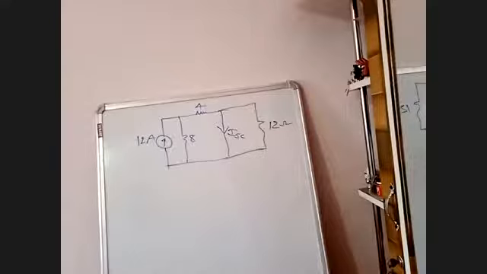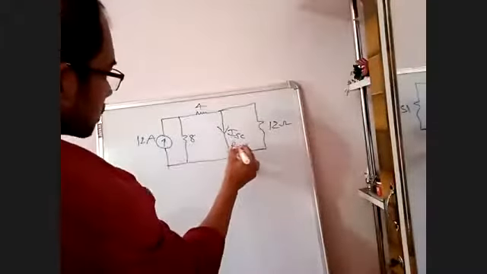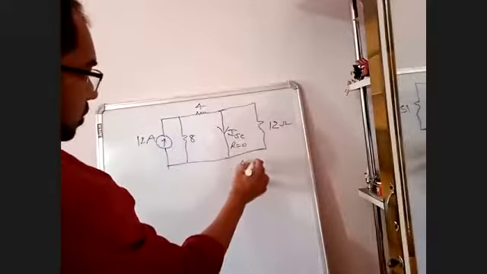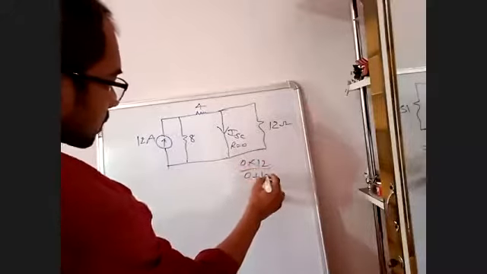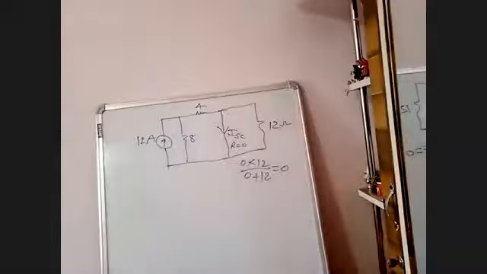Now, in the previous problem also I had told, any resistance which is in parallel with the short circuit, what will happen? It will not work, because resistance in short circuit is 0. 0 into 12 by 0 plus 12, R1 R2 by R1 plus R2. Any resistance which is in parallel with the short circuit will not work. Remember this point.